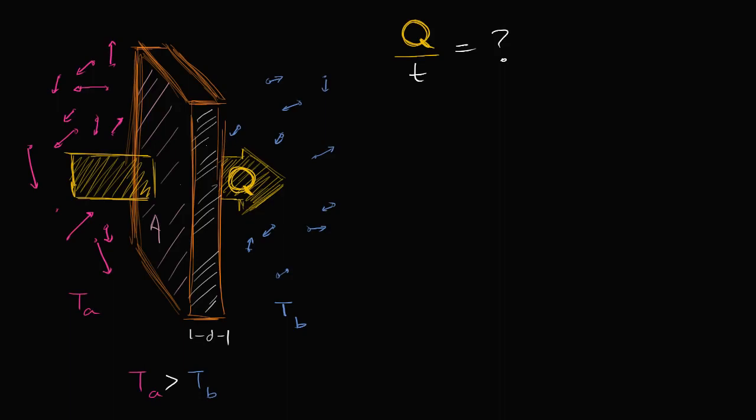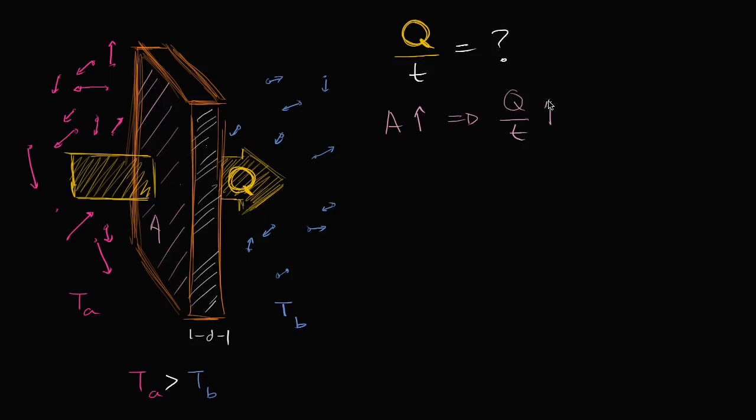So for example, if our contact area were to go up, what would that do for Q over T? Well, then Q over T would also increase per unit time, because I have more area for these hot air molecules to bump into, and they'll heat that wall, and then there'll be more heated wall to heat up the colder air particles.